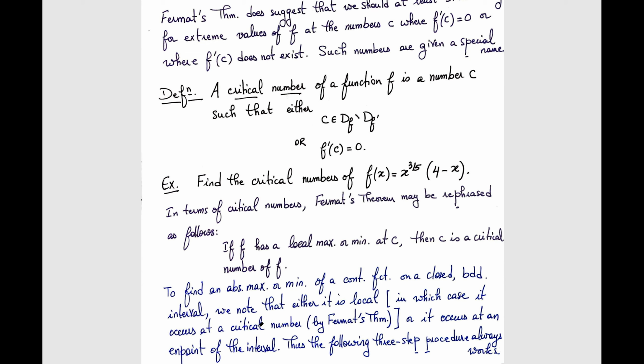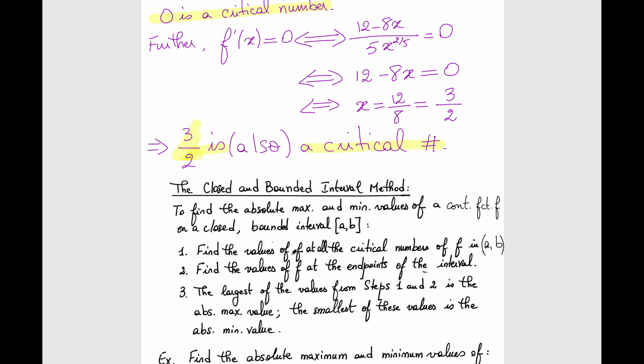To find the absolute maximum and absolute minimum values of a continuous function f on a closed and bounded interval AB, which are guaranteed by the extreme value theorem, we first find the critical numbers of the function on that set AB, and then we evaluate that function f at these endpoints.